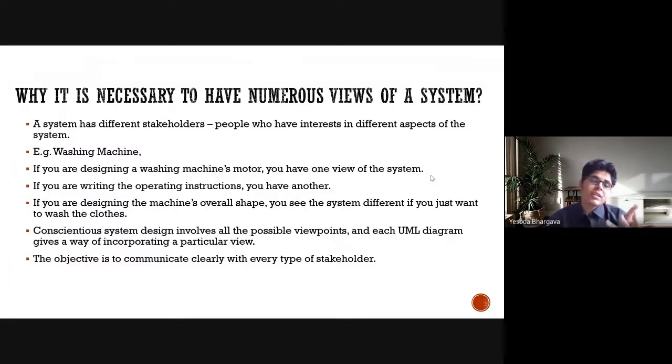And in a third case, if you're designing the machine's overall shape, or if you just want to wash the clothes, you see the system in a very different manner. So the idea is that to have a 360-degree view of the system, sometimes you might need to design different views of the system, because obviously one view is not sufficient.